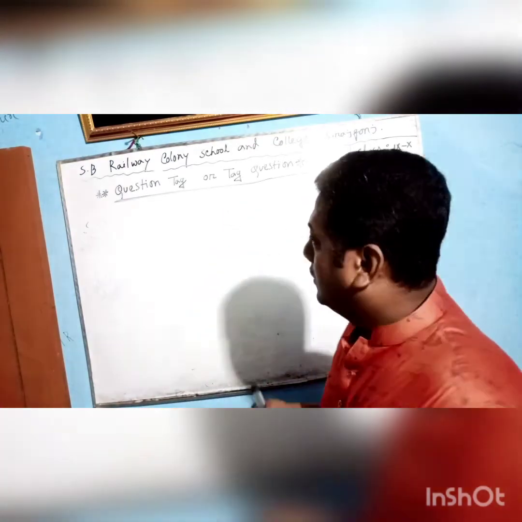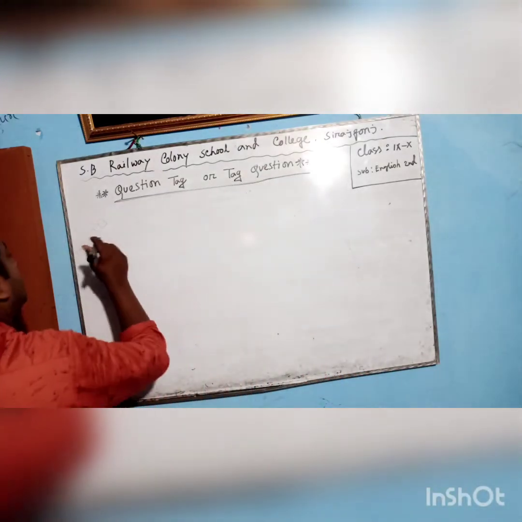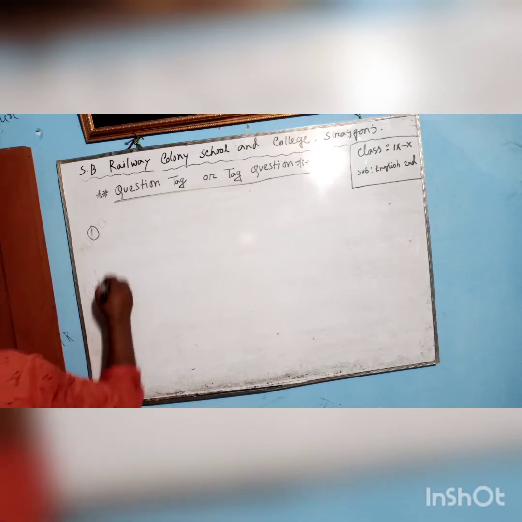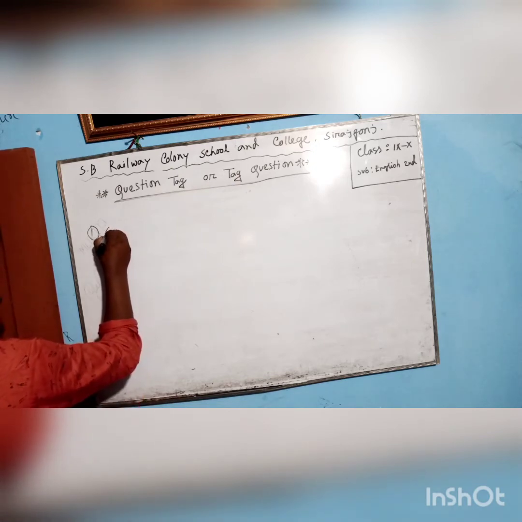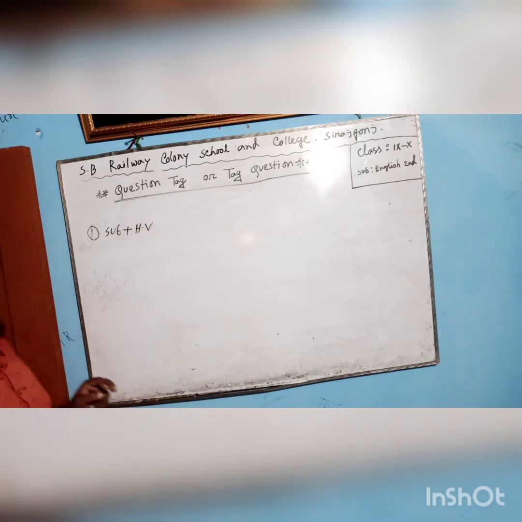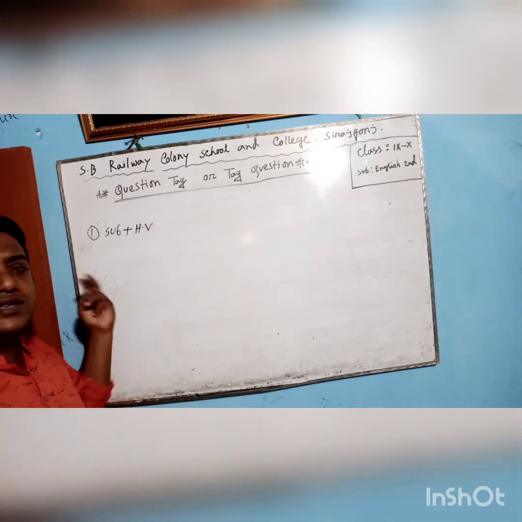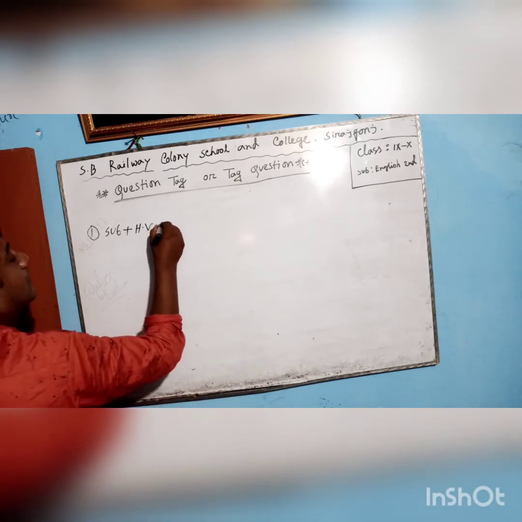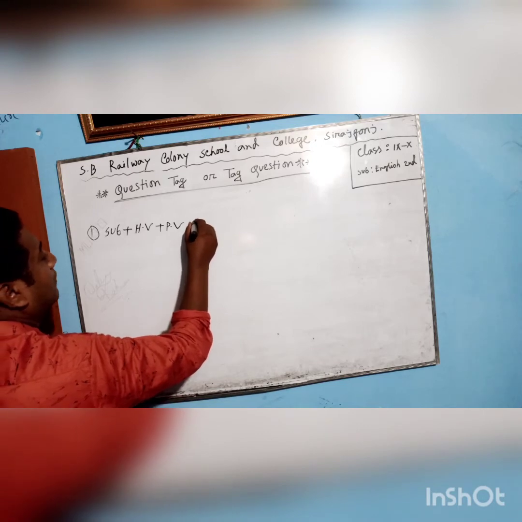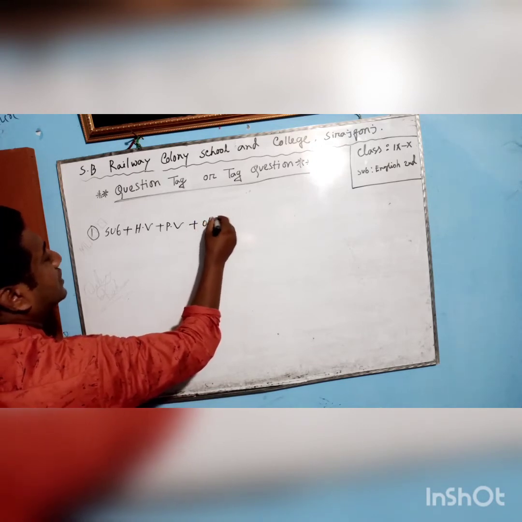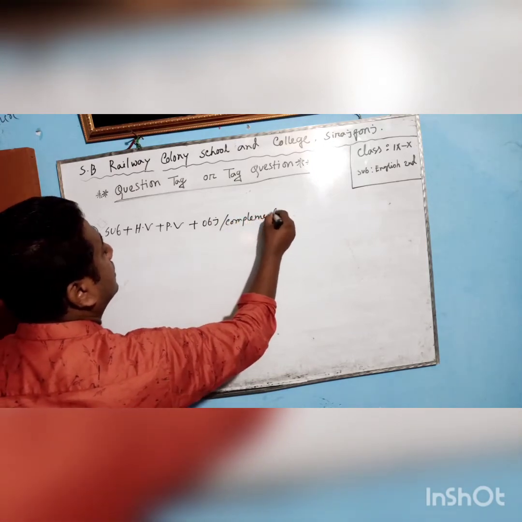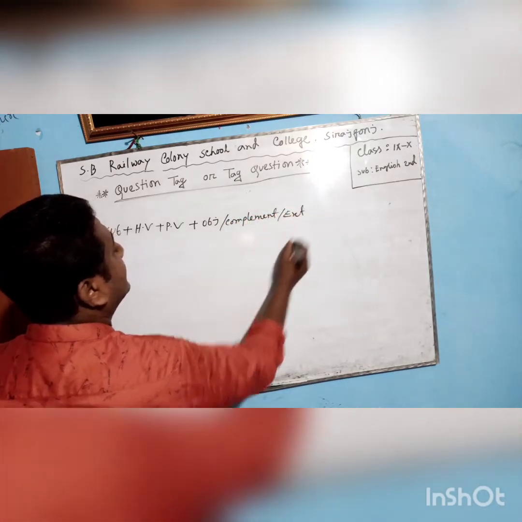First of all, if our structure is subject plus HV, where HV means helping verb, plus PV, plus object, complement or extension.